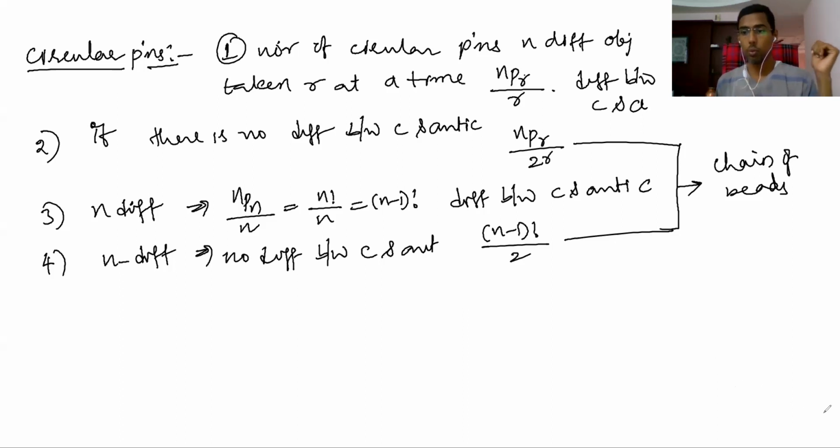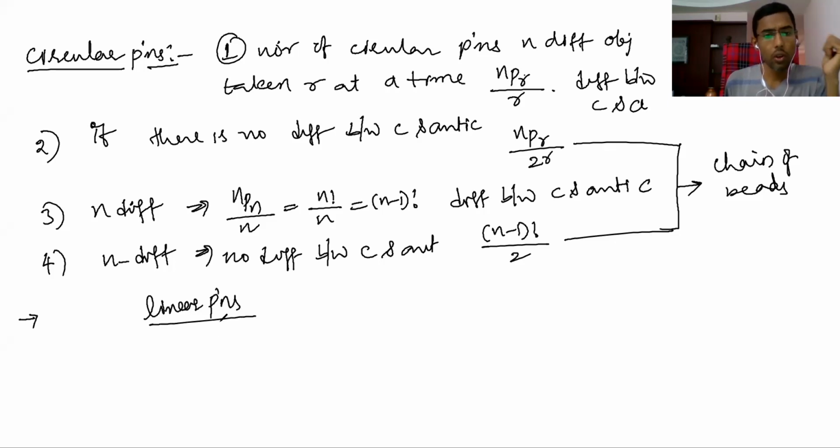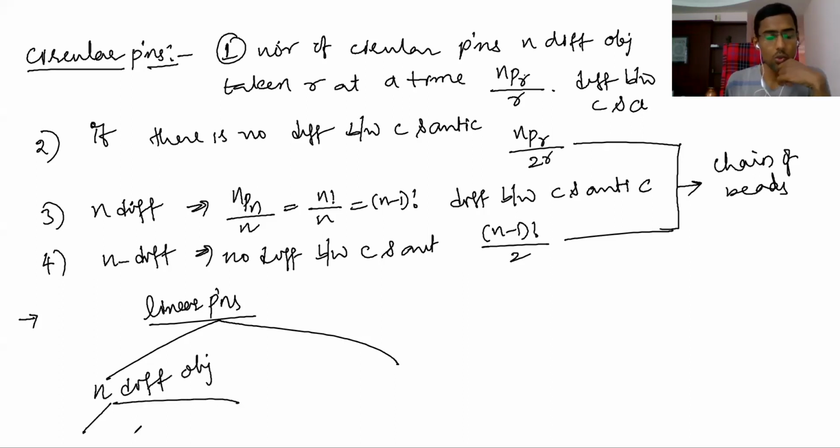And then the other point we discussed is linear permutation. Let's discuss linear permutations again. In linear permutation we have two things. One is when n different objects are given. Here we discuss two points.